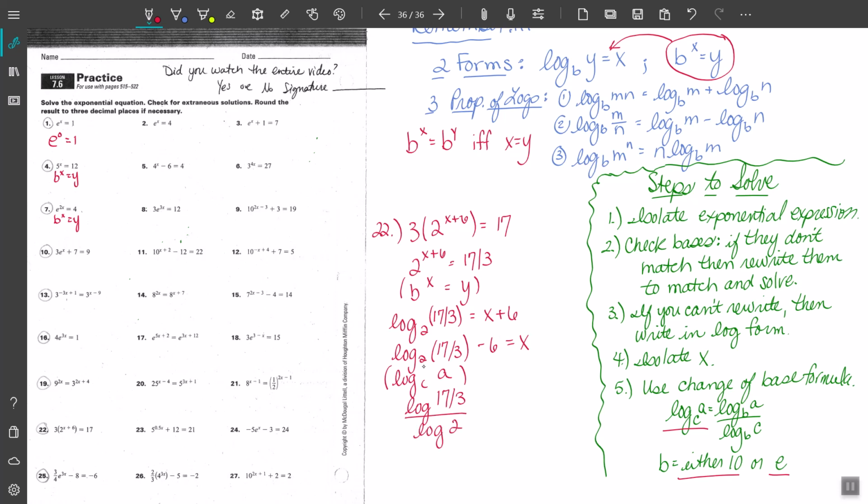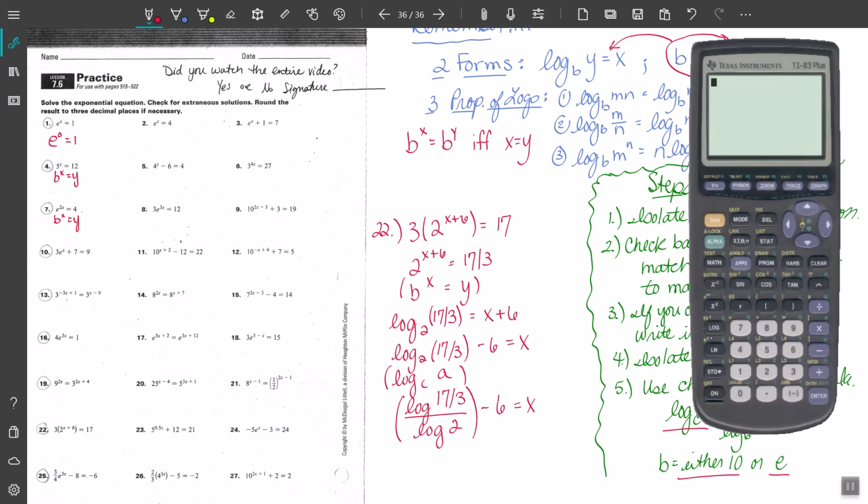This 2 is my C value here. So 17 thirds was the fraction. That was A, and then my C was this 2 here. All right, I'm going to put this in parentheses because I want the calculator to do that first before it subtracts the 6 off. All right, so now we're ready for the calculator.